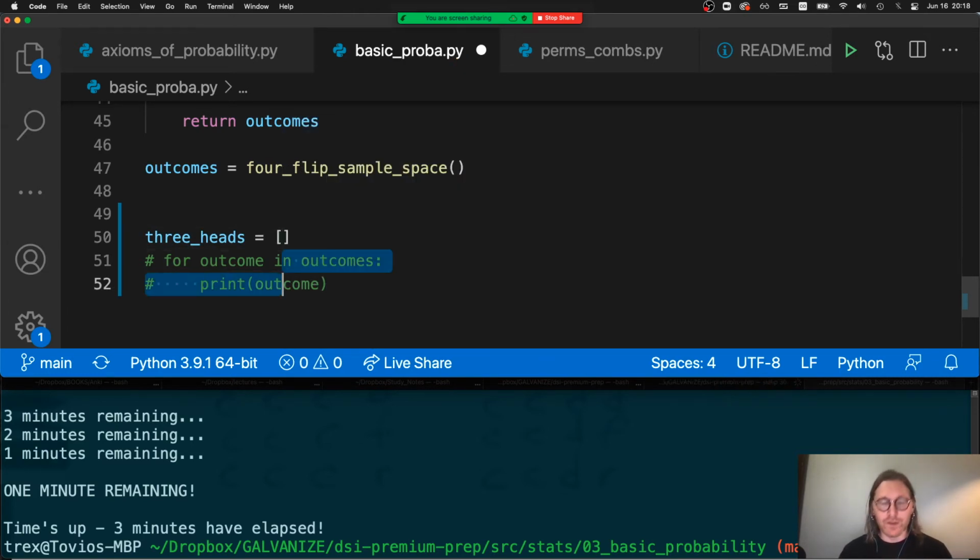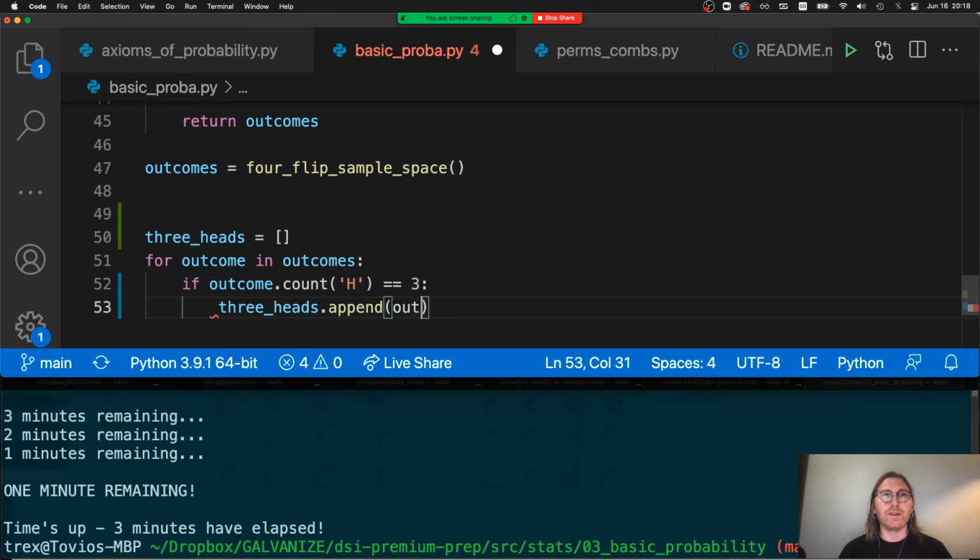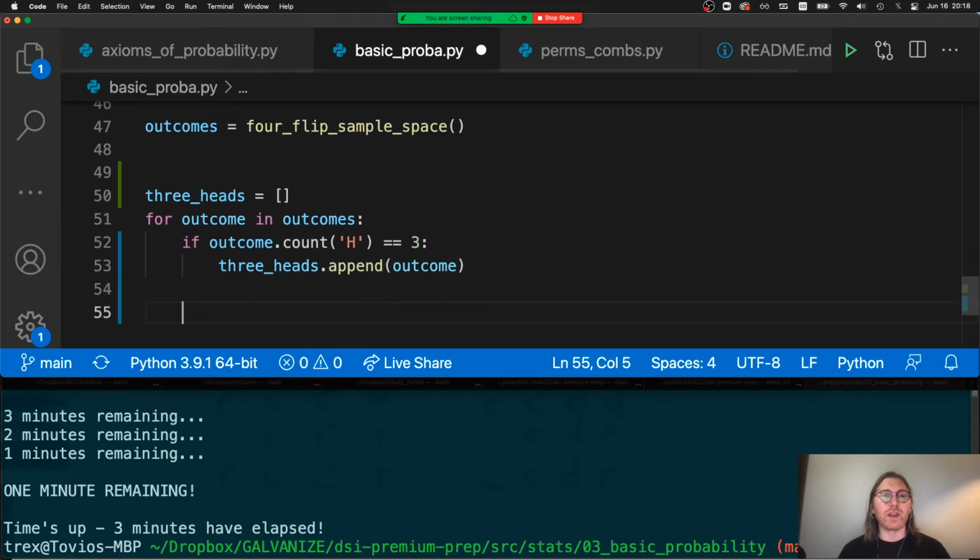So following this same pattern, for each outcome in outcomes, we could say if outcome dot count of heads is 3, then we can collect that into 3 heads. So append that outcome, and then we can look at the cardinality of 3 heads, right?